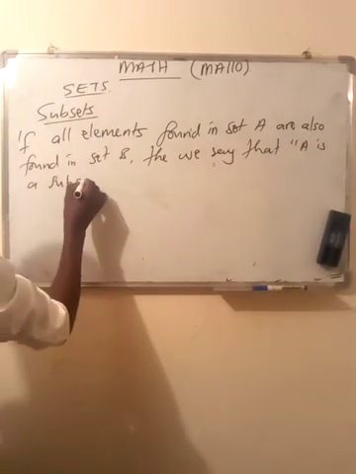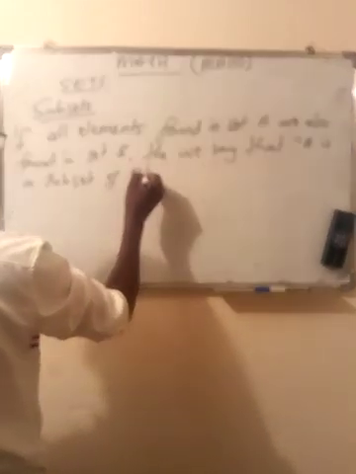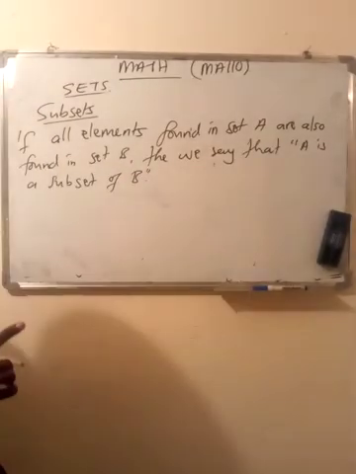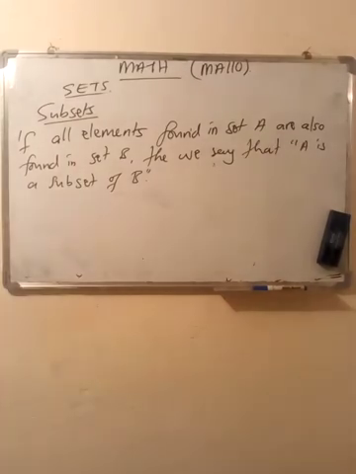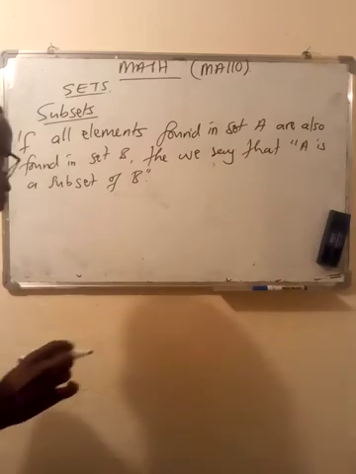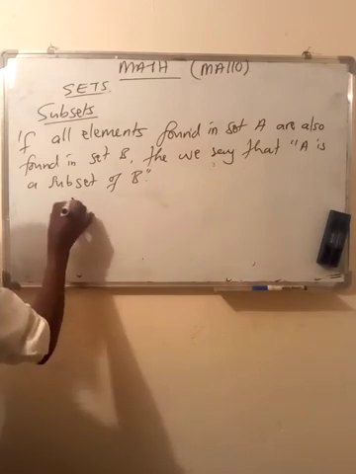Okay? So we can see that every element that is in A is also in B. Okay? Let's try to counter check that, right? So you can see that here we have G and there we have G. We have Q and we have Q there. We have Y. We also have Y there. We have Z and Z there. Okay? So every element in A is also in B. Okay?